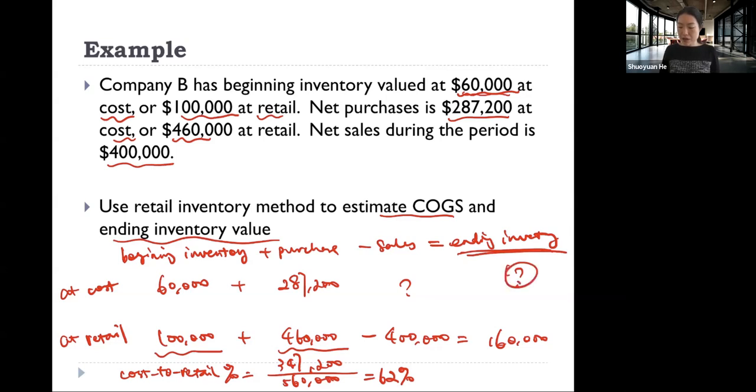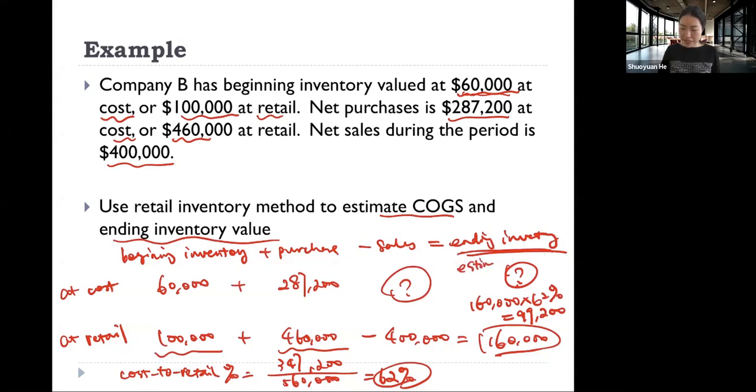In order to estimate this number, we take 160,000 multiplied by 62%, the cost to retail percentage we just calculated. So this gives us 99,200.